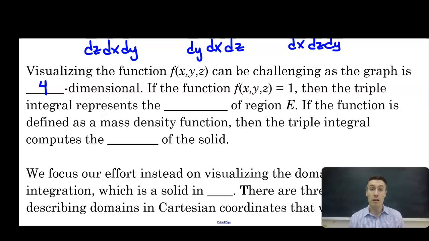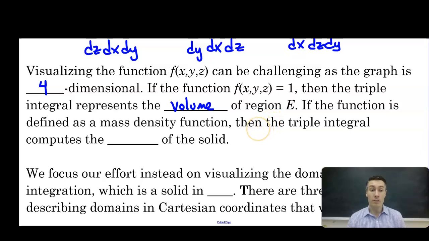So to give some meaning to our triple integrals and motivate why we would even study them, if the function f of x, y, z is equal to 1, then the triple integral represents the volume of region E. So we can use a triple integral now to find the volume of a solid in 3 space.